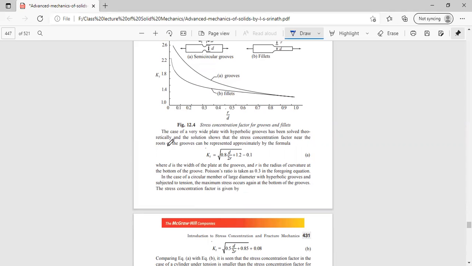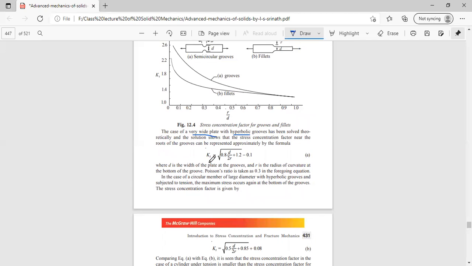This has been solved theoretically, and the solution shows that the stress concentration factor near the root of the groove can be represented approximately by the following formula: Kt is the square root of 0.8 D by 2R, plus 1.2, minus 1.